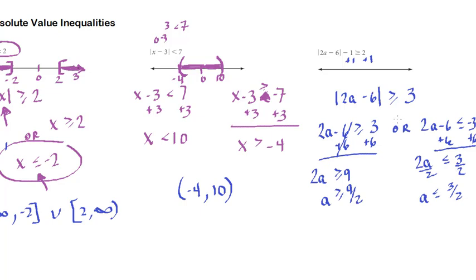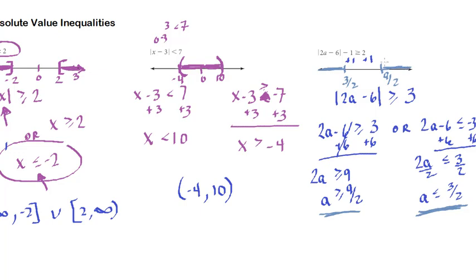Let's see how that fits on my number line. We'll do another color here. So let's write them in order. Here's 3 halves. Here is 9 halves, because 3 halves is less than 9 halves. And I should go less than for the 3 halves and greater than for the 9 halves, just following those arrows.